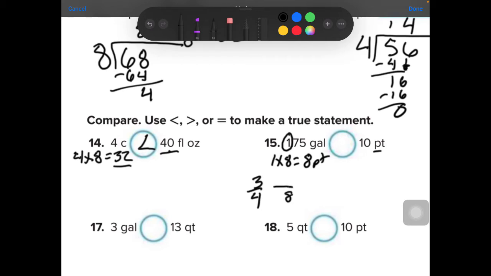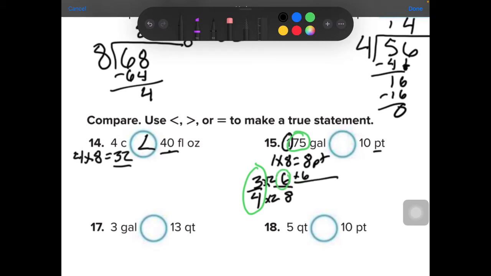Then I know that there are 8 pints in a gallon. So 4, what do you have to times 4 by to get 8? That's right. Whatever you do to the bottom, you do to the top. 3 times 2 is 6. So 3/4, or 0.75 of a gallon, is going to be 6.